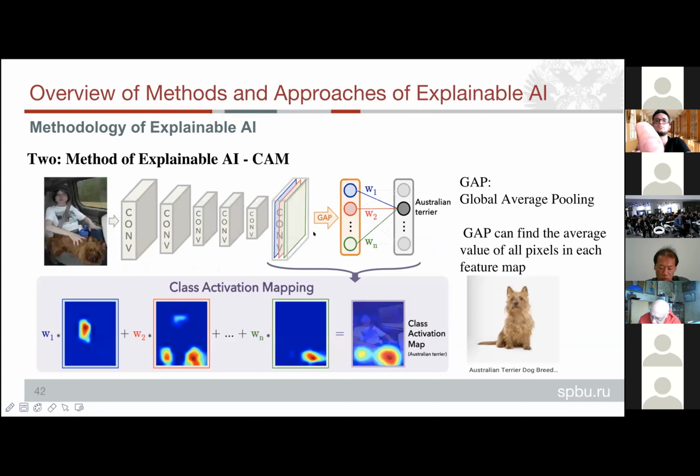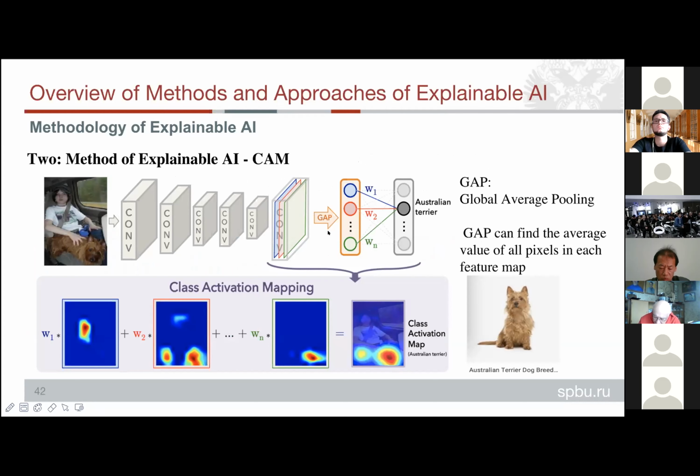And the first method of explainable AI in this report is called CAM. CAM uses GAP. The full name is global average pooling. CAM uses GAP to replace the fully connected layer.